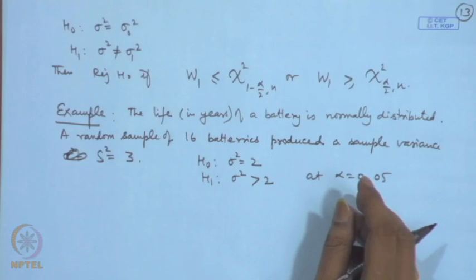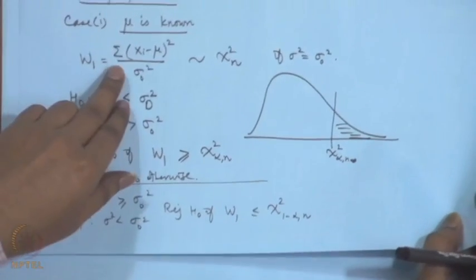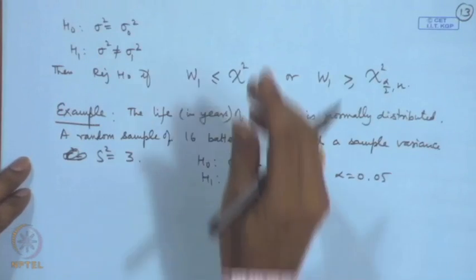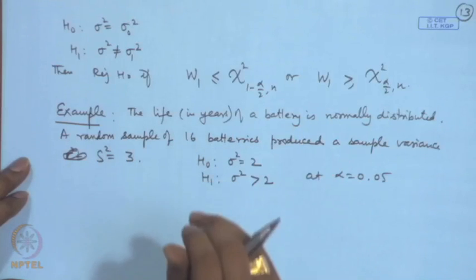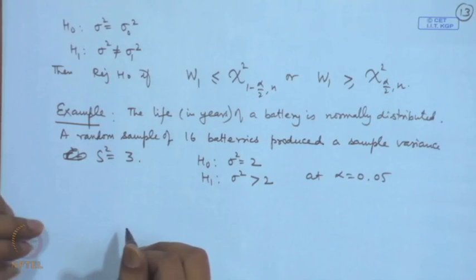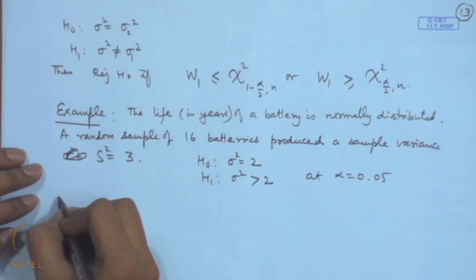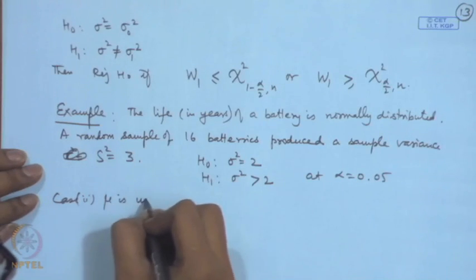Here we apply the method described, that we calculate W1. Here mu is not known. So, we have to consider the procedure for mu unknown. Let me give the procedure for mu unknown. Case 2, mu is unknown.